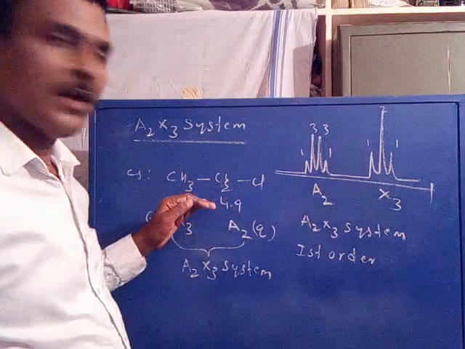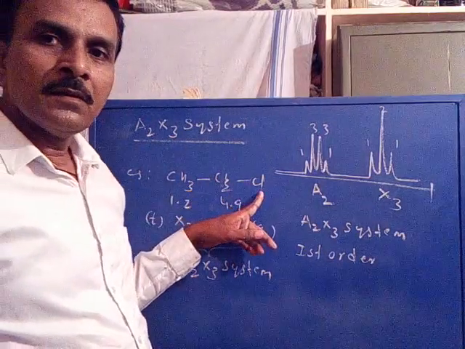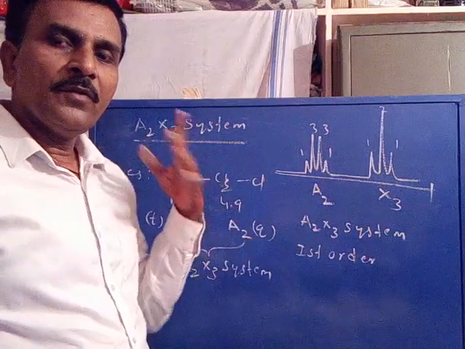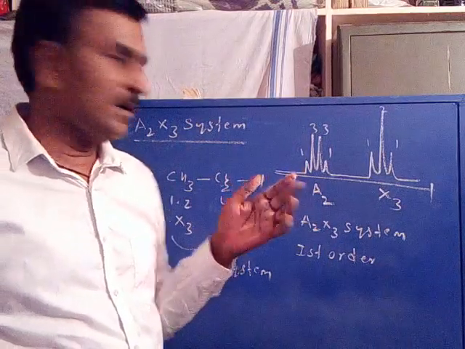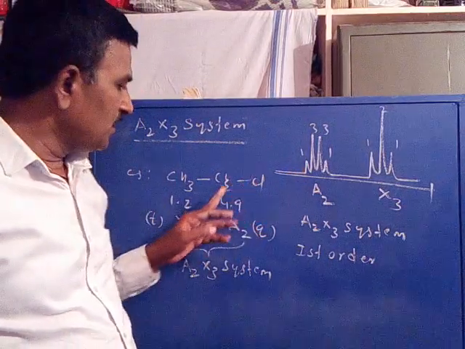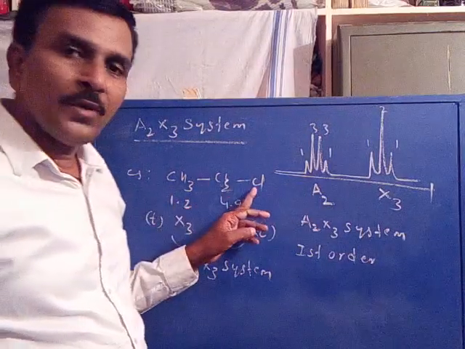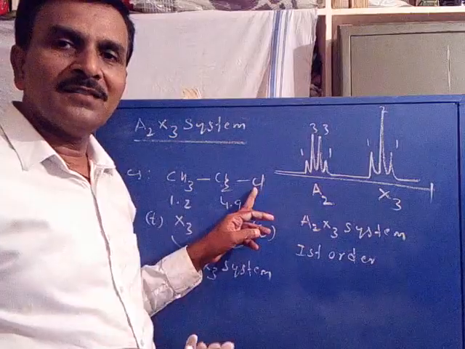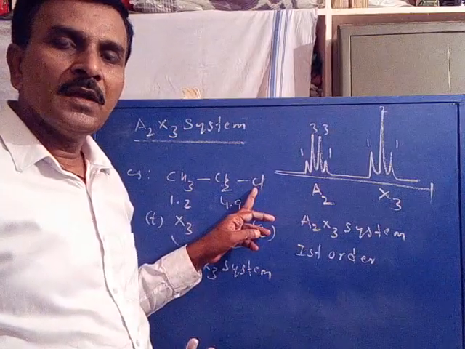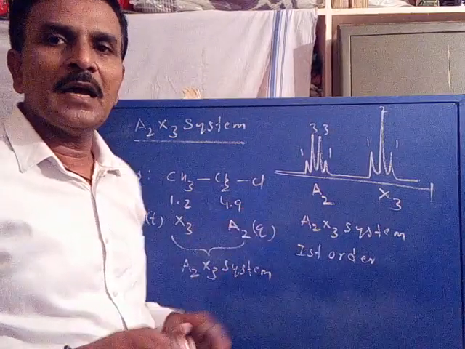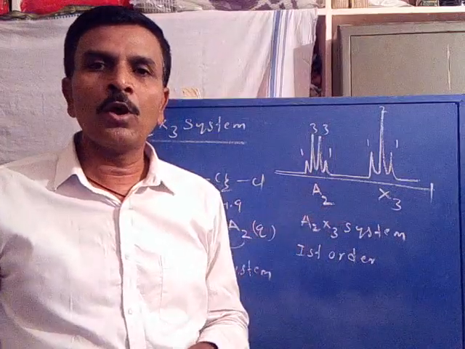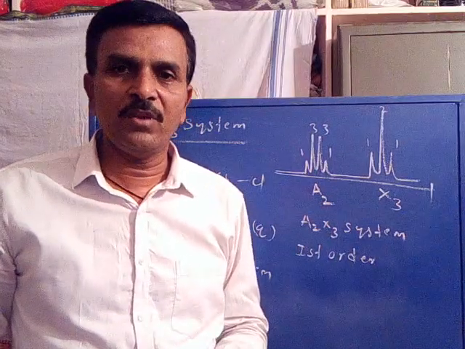So, you make your own example by replacing this group, chlorine group, with either carboxylic acid. You keep COOH. This as such A2, this as such X3. Now you replace chlorine with some oxygen, or you replace chlorine with some other halogens or any other groups. You will get more number of examples under the same system.